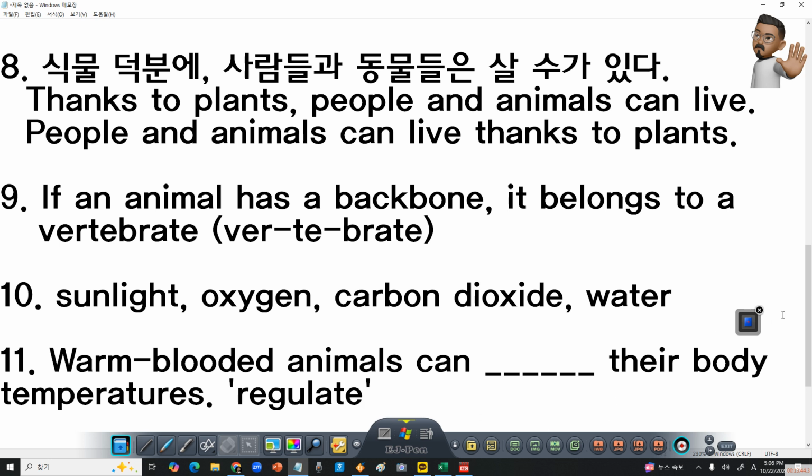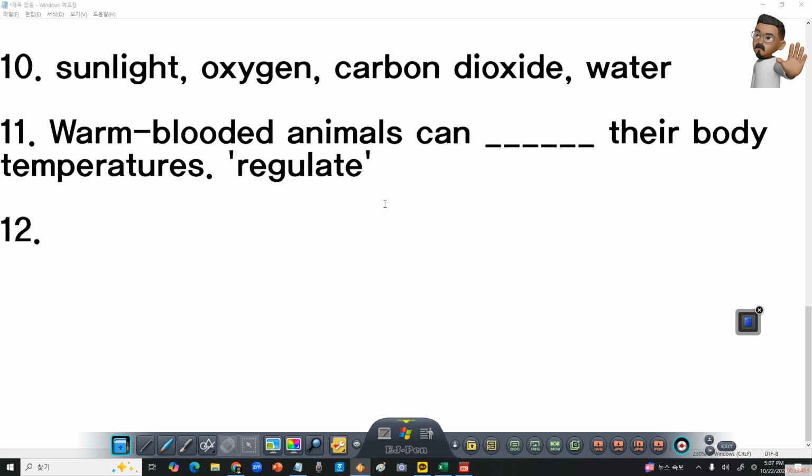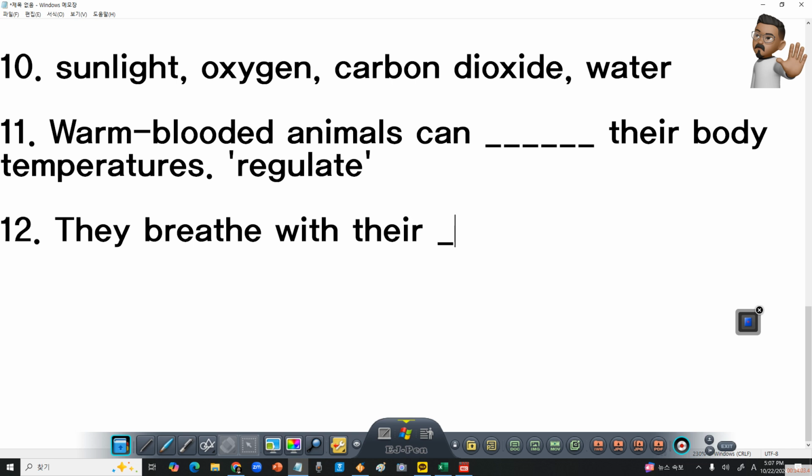Regulate. You guys, how do fish and sharks breathe? You write this sentence like that. They breathe with their blank.